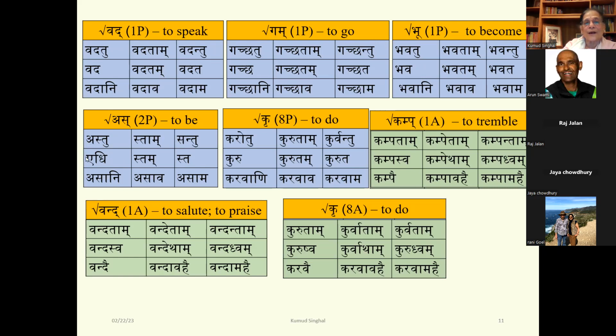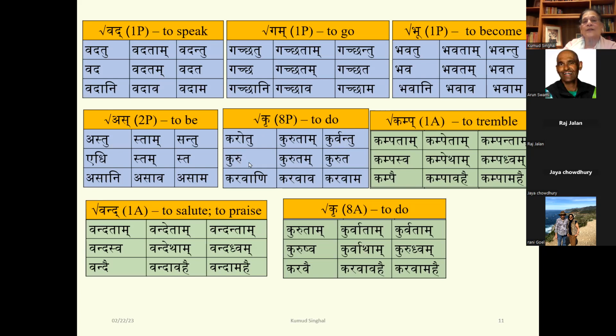Now this is edhi in the madhyama purusha, because this is a 2P, so here the conjugation is edhi. And the kri dhatu, I'm just giving the parasmai pada part of it: karotu, kurvantu, kuru.